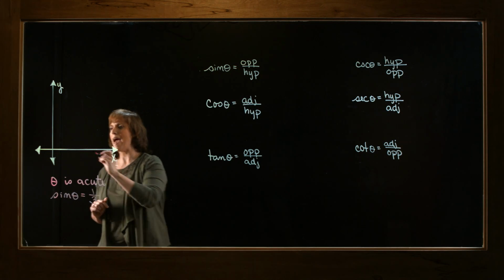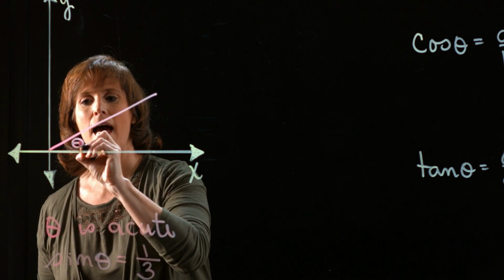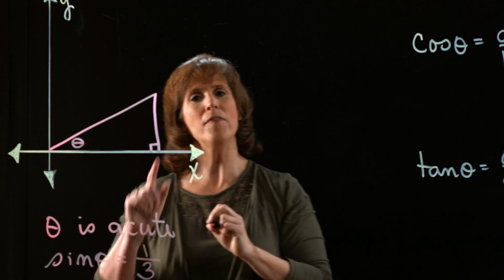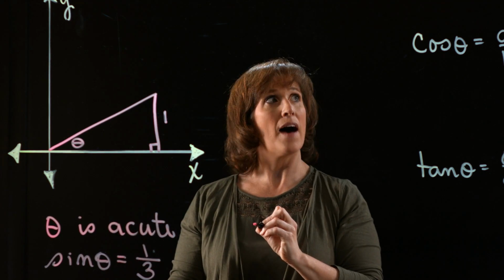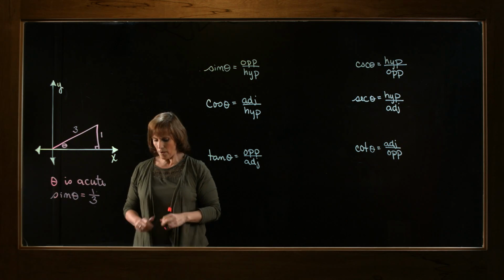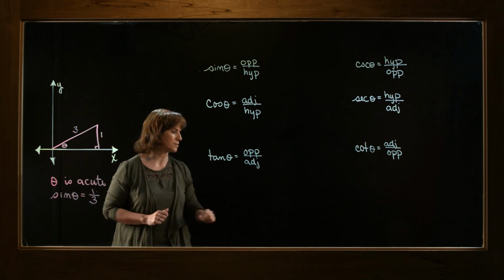So when I draw in my angle theta and I create a right triangle, I want the opposite side to have length 1 and the hypotenuse to be 3. Okay, so now let's go ahead and take a look at my trig function values.